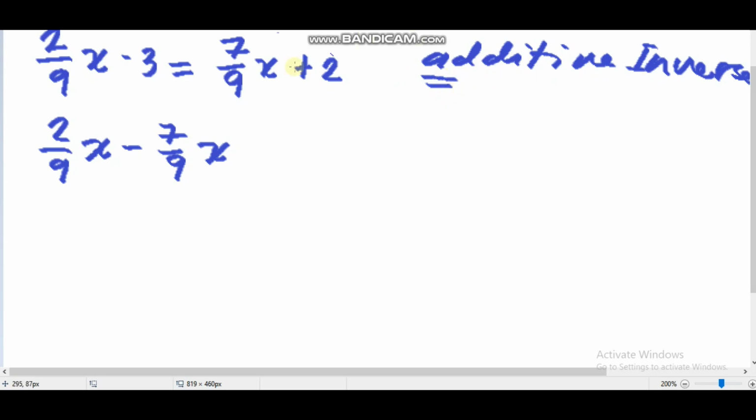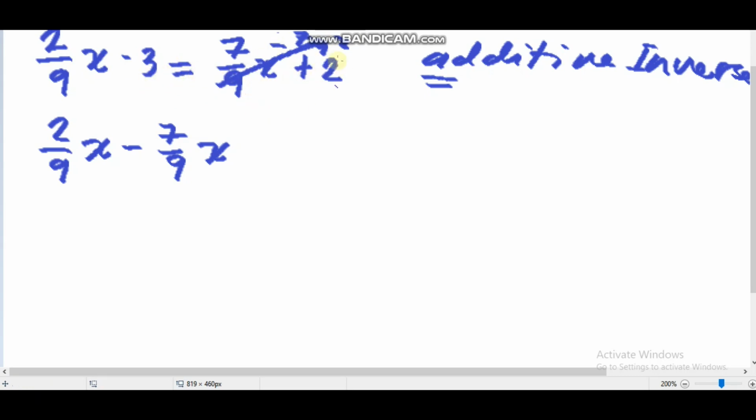So, additive inverse, since you want to cancel 7 over 9x here on the right-hand side, what you're going to do is subtract 7 over 9x. So, what will happen? It cancels, it becomes 0. Now, in an equation, it should be balanced.